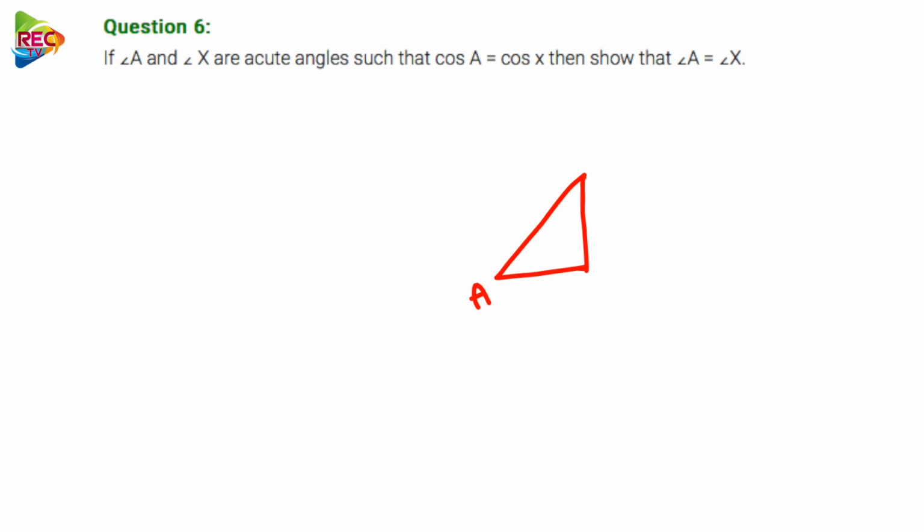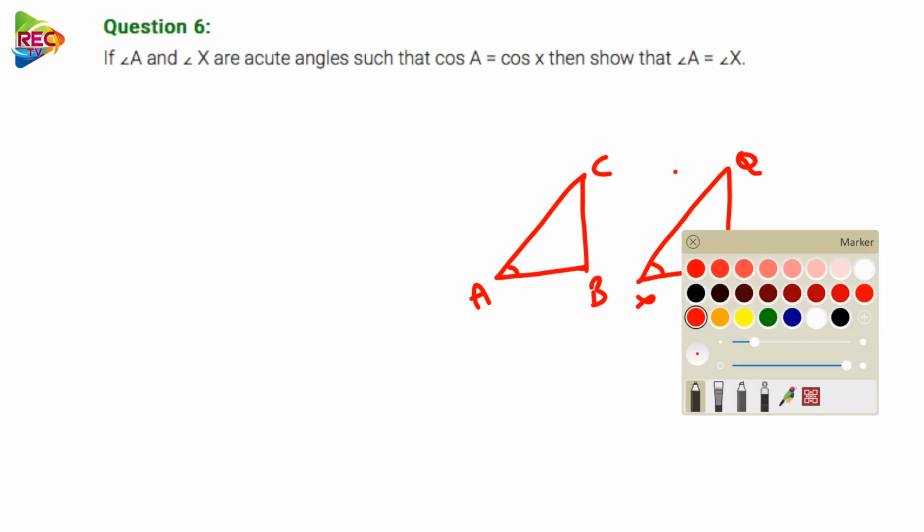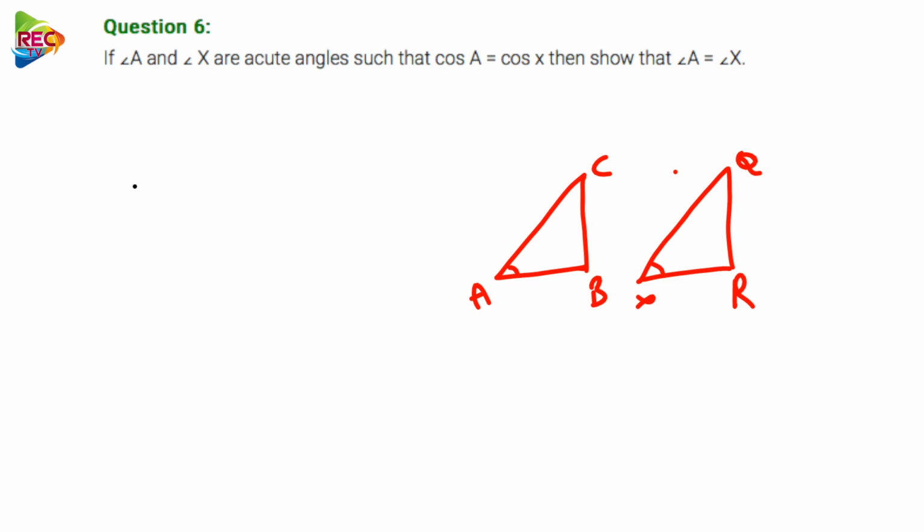A, B, C. X, Q, R. Given that cos A equals cos X.